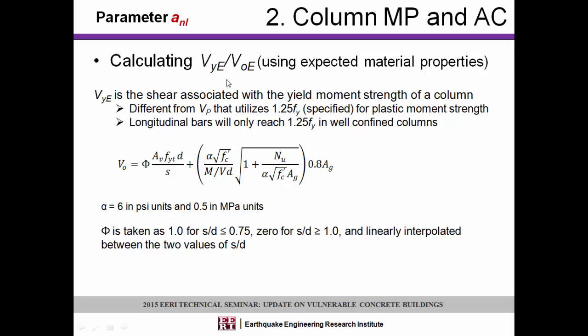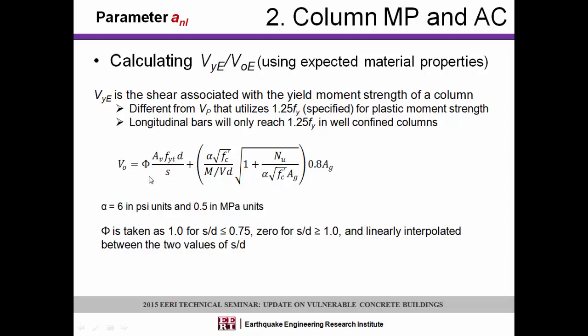The reason we did this is that few columns, especially the non-ductile ones, will get to significant hardening. We're not getting up to that 25% hardening. So we pegged it more towards the yield strength as opposed to the plastic strength of the section. And the second big change is we're introducing this phi factor to account for the spacing of your ties.